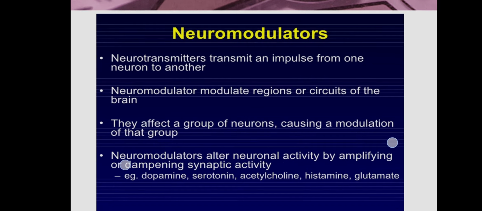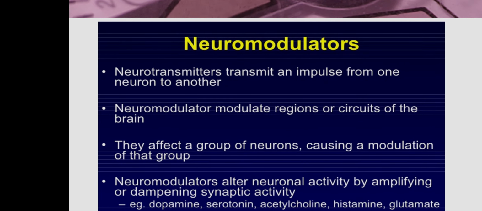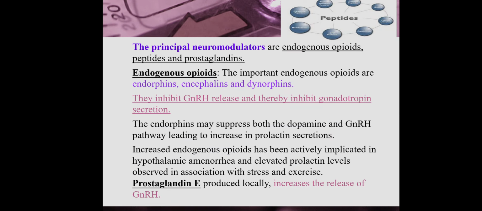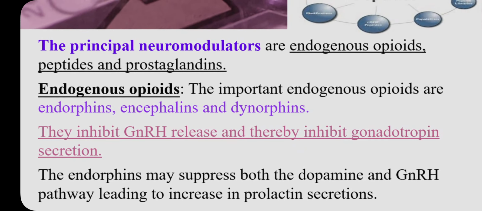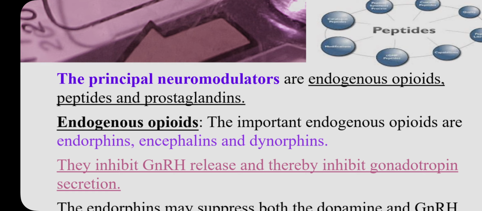So this is the difference between neurotransmitters and neuromodulators. Neurotransmitters transmit the impulses from one neuron to another, whereas neuromodulators just modulate the regions or circuits of the brain. Coming to the neuromodulators, they are the endogenous opioids, peptides, and the prostaglandins. So 3 main neuromodulators are there: endogenous opioids, peptides, and prostaglandins.